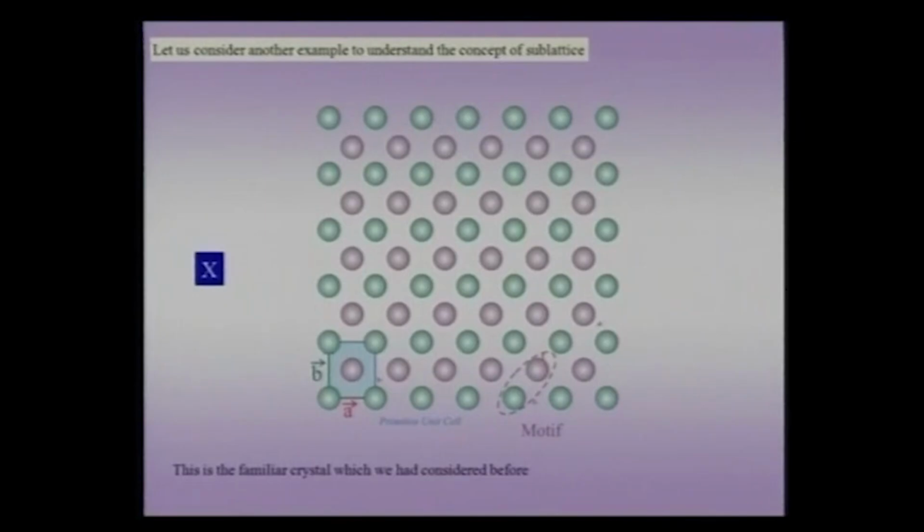We had seen that such a lattice, suppose it were rectangular, would have two basis vectors a and b, and in the example we considered, a and b were inclined at an angle of 90 degrees. So let us see how we can describe such a crystal in terms of the language of subcrystals and sublattices. If I call this crystal X, as shown here, we have also marked on this figure the blue outline or blue filled region, which is the unit cell of this crystal.